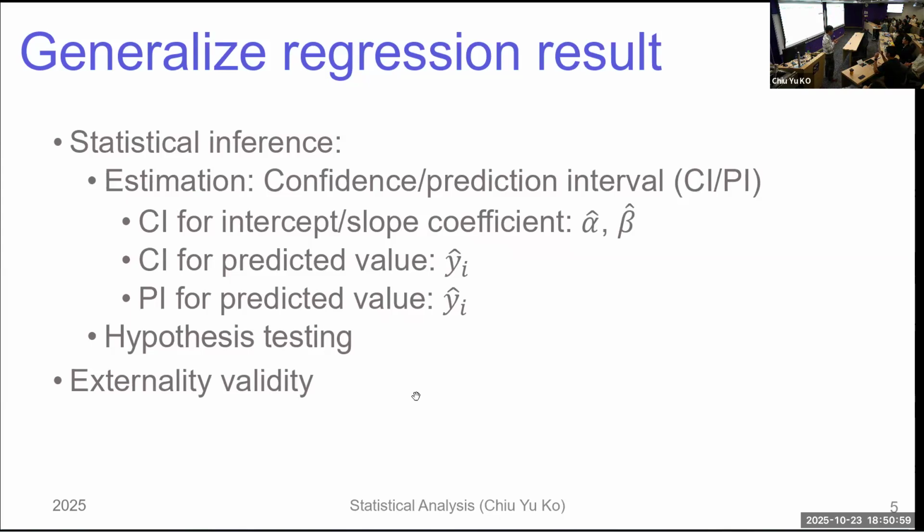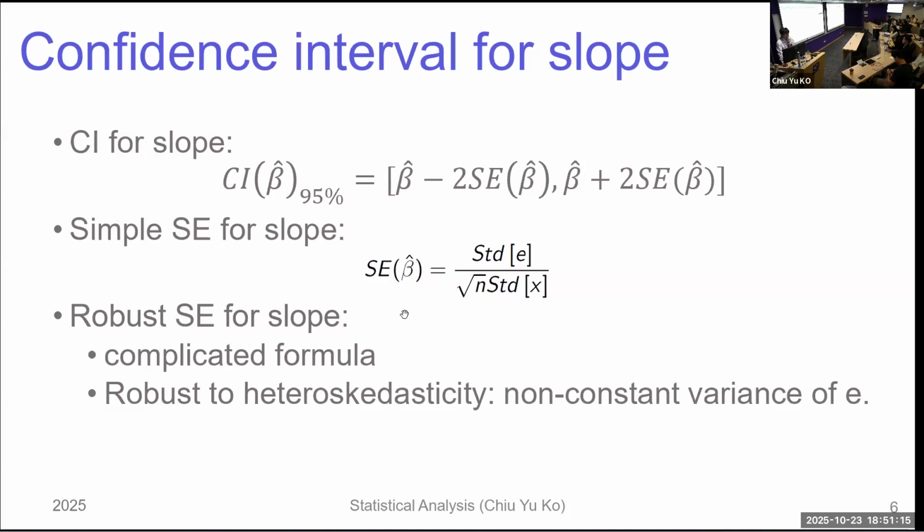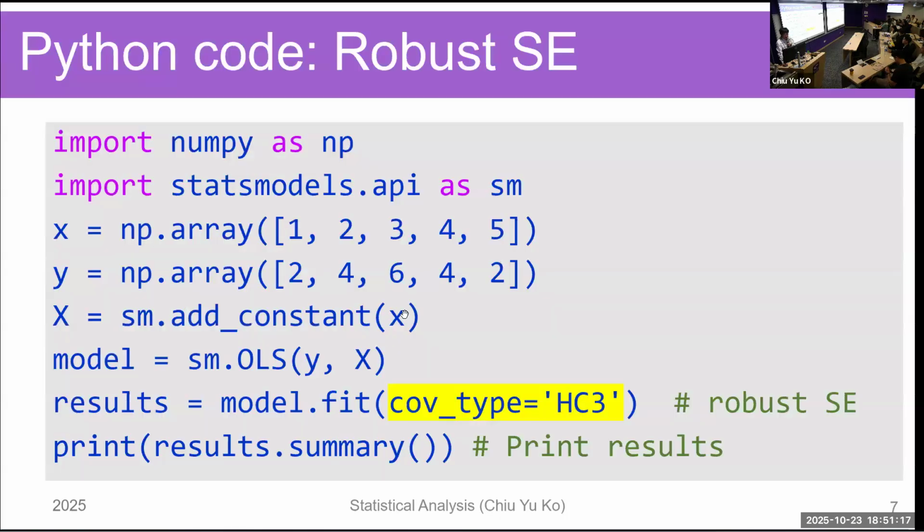It's a random sample. So it means that these coefficients, the intercept and the slope, are random variables. That's why you want to see if these random variables are valid or not, so you have to do hypothesis testing and confidence levels.